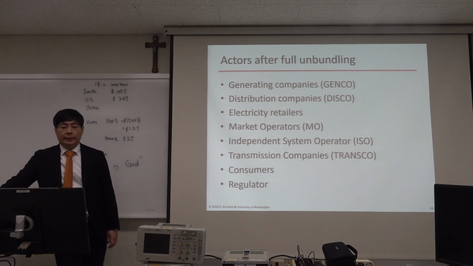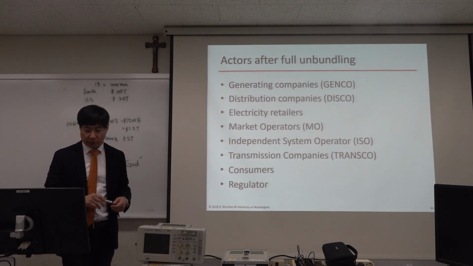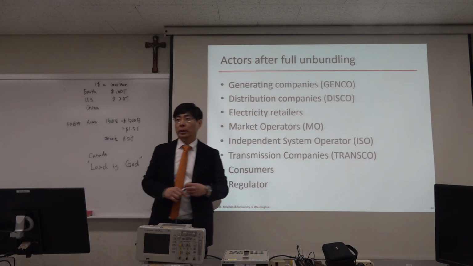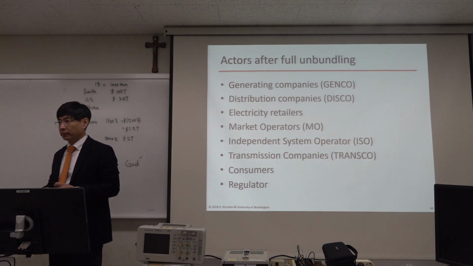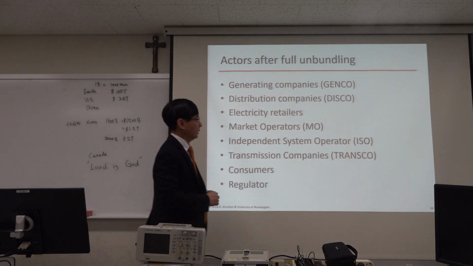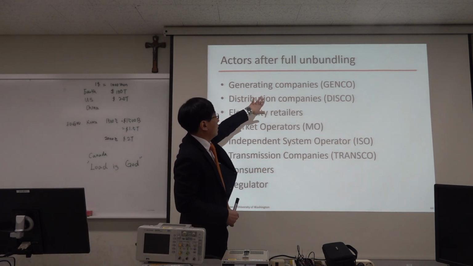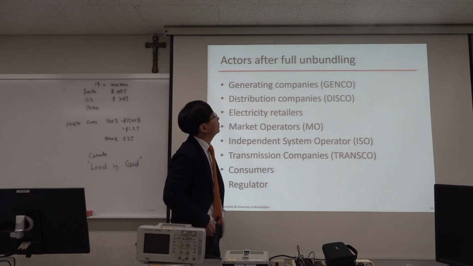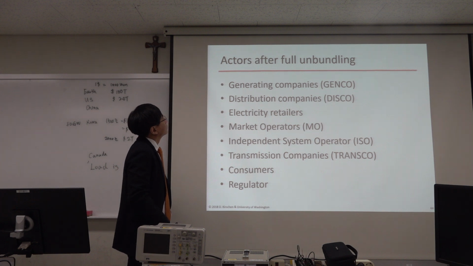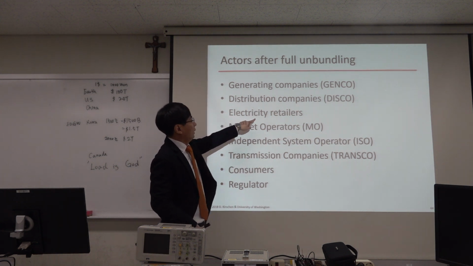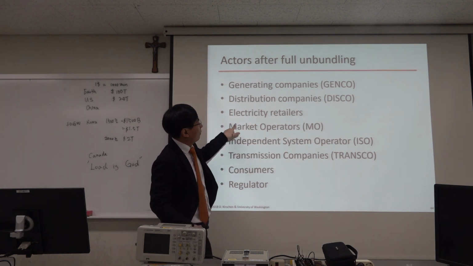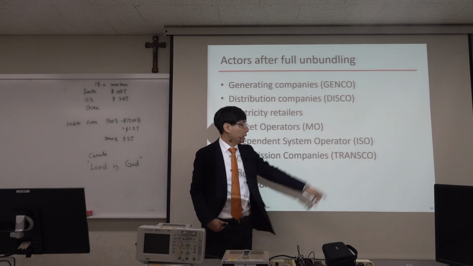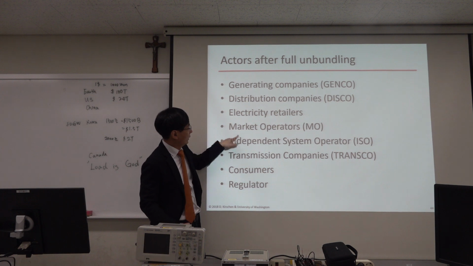And let's see several actors after full unbundling. This full unbundling is kind of an ideal case. Okay, so this is a conceptual case. So we have generating companies, GenCo, and distribution companies, DISCO, and electricity retailers, market operators, MO, independent system operators, ISO, remember this one, okay.